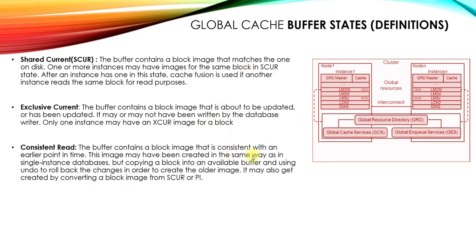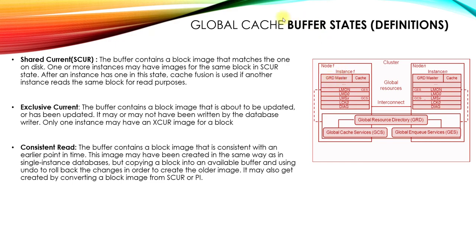Consistent read. Consistent read is when the buffer contains a block image that is consistent with an earlier point in time. So consistent read is an older version of the block. Let's say there was a block 1 with system change number 10.